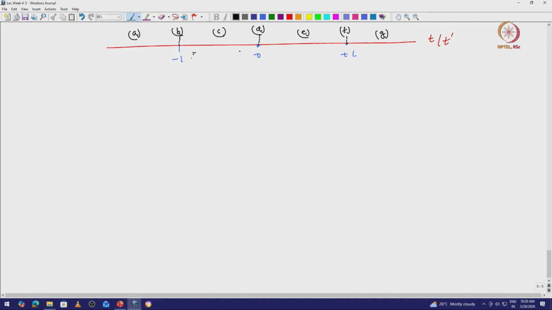All right. So, now we have two things to draw. First, A: t by t prime is less than minus 1.